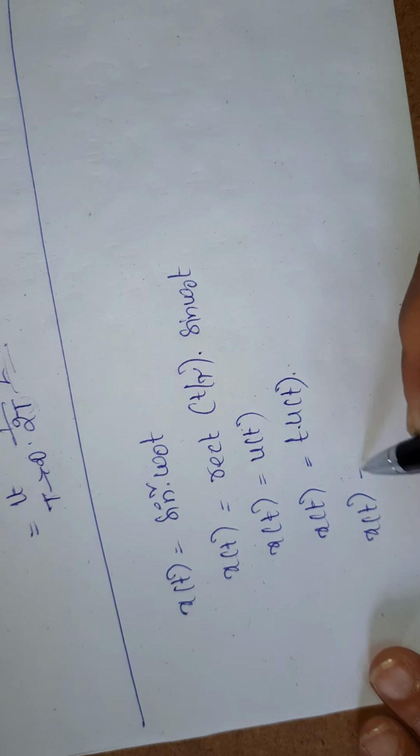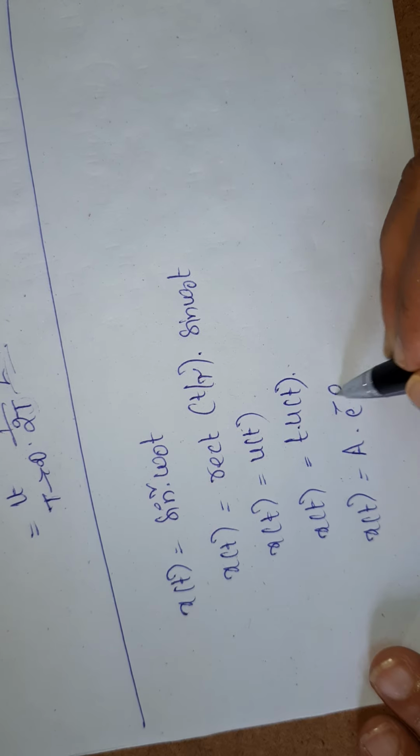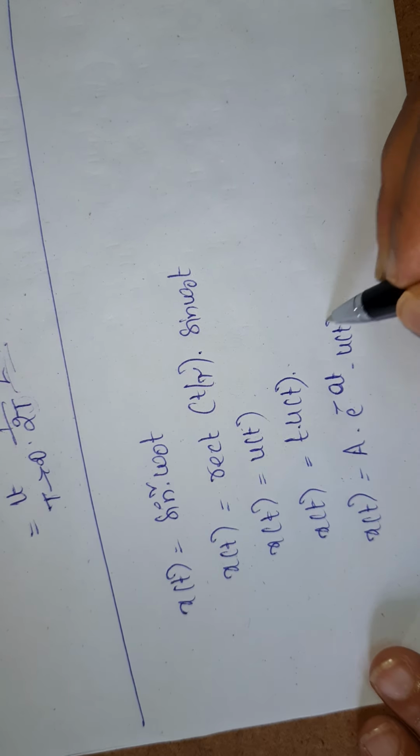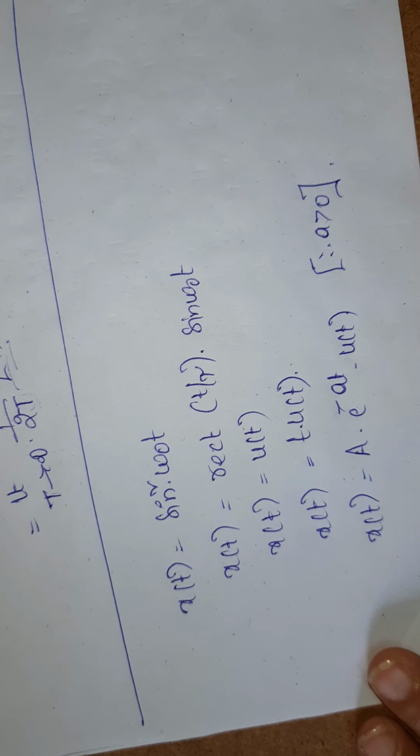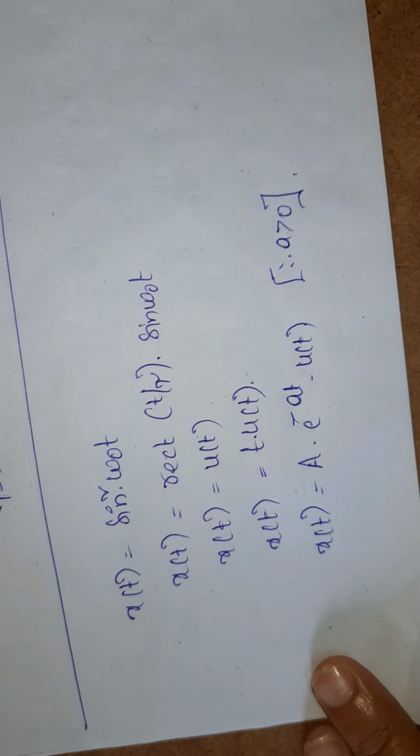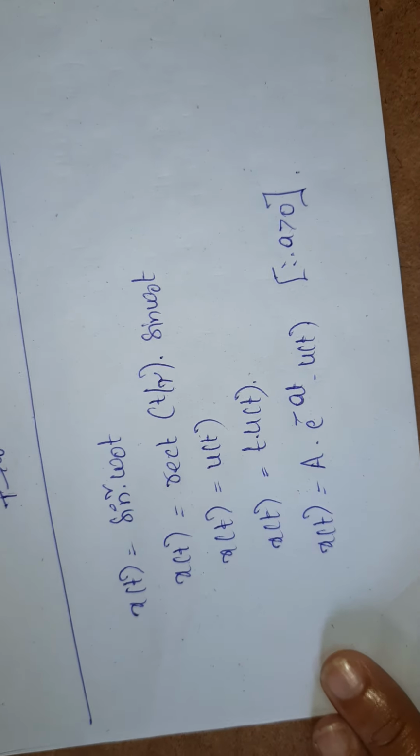Next, x of t is equal to a e power minus at into u of t, where a value is greater than 0. Okay, so try these problems.